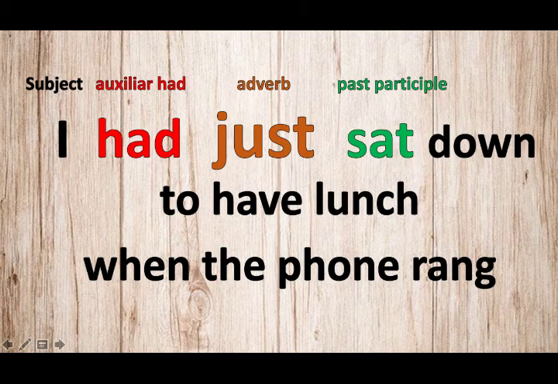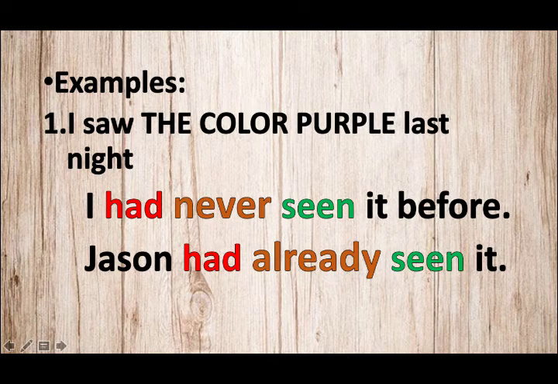The order is like this: first goes the subject, then the auxiliary had, the past of have, then the adverb just, already, yet, ever, never, and then the past participle. Another example: I saw the color purple last night, so I can say I had never seen the color purple before, or I had never seen it before.